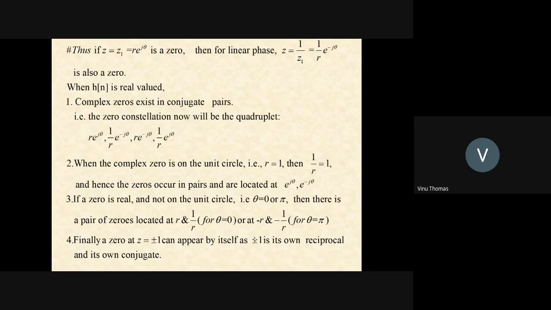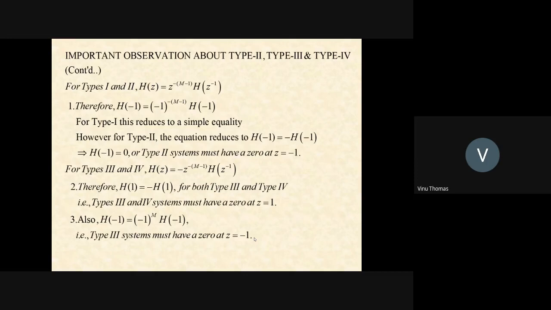Then again, we had looked at some important observations of type 2, type 3, and type 4. And you had concluded that for type 1, you cannot make any specific conclusion about the 0 at z equal to minus 1. You may or may not have a 0 at z equal to minus 1 for type 1, which is for you to find out.